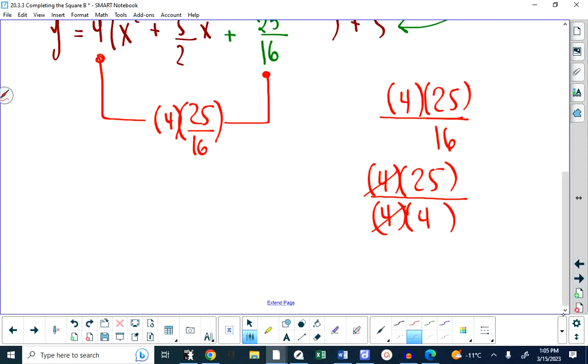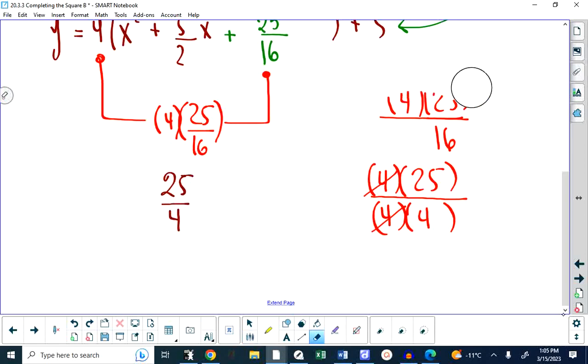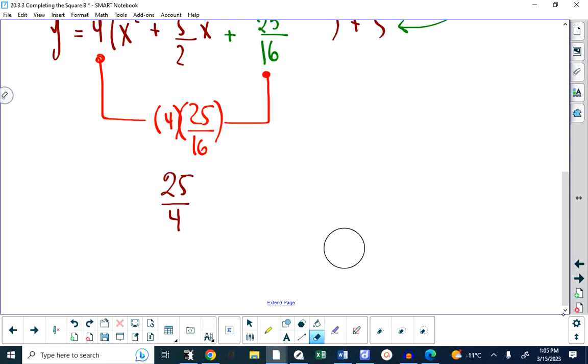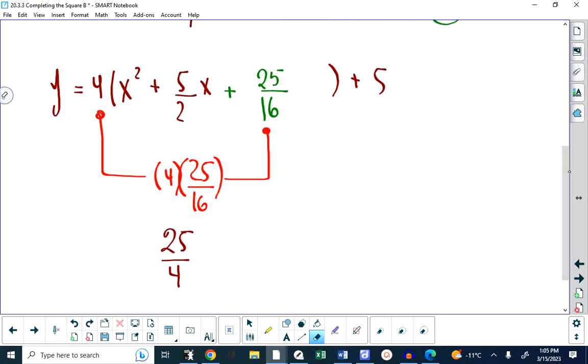So what we're left with is 25 quarters. And that means we have to subtract, way up here, we have to subtract 25 quarters.